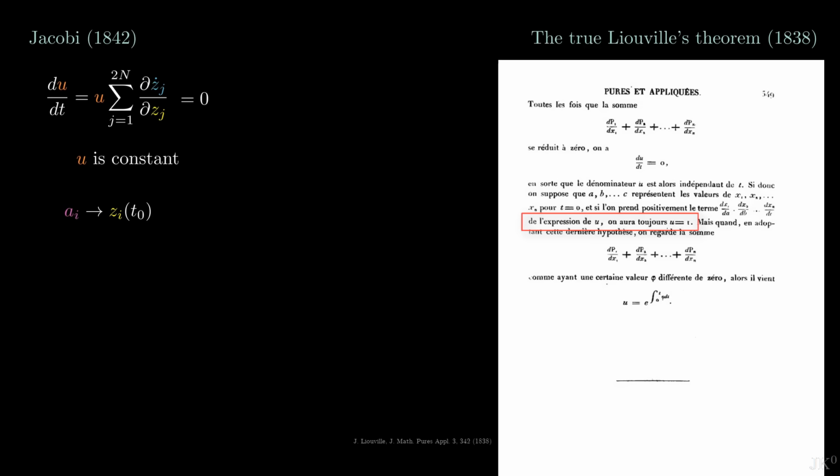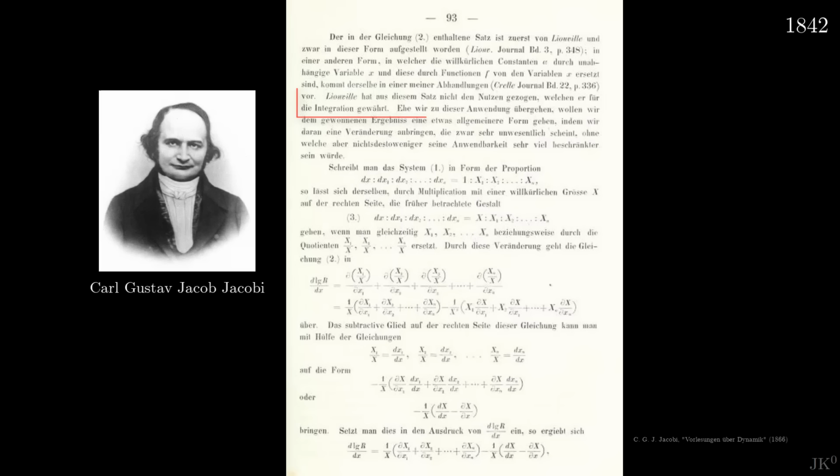With this, the definition of u becomes this expression. Evaluating this matrix at t equals t0, we get the identity matrix, which has determinant 1. And since u is constant, it must be equal to 1 for all times.